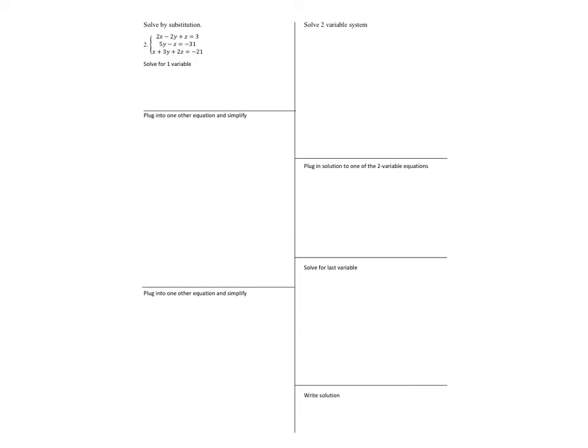Okay, so we are going to do a second one just to make sure that we're all on the right track. Again, you have to solve for one variable. And looking at these three equations, I'm noticing that my second equation does not have x in it.